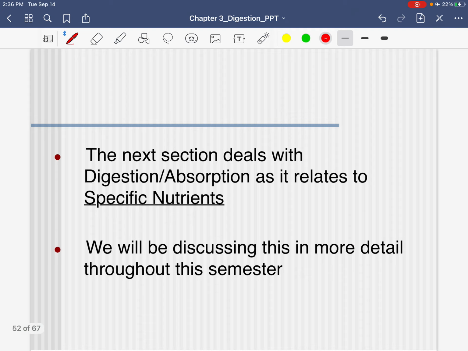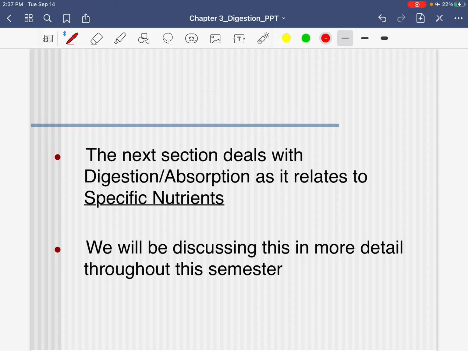Okay. Now, as we get towards the end here, I do want to go quickly over some specific differences between how we digest and absorb carbs versus fats versus protein. Now, the basic process is the same.